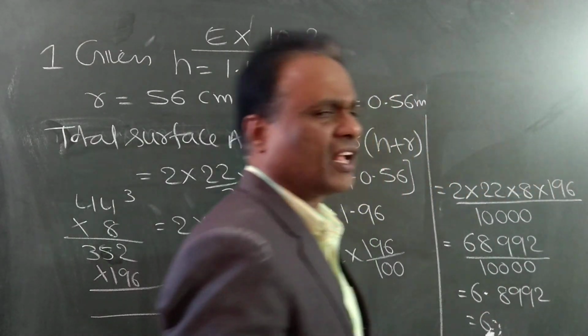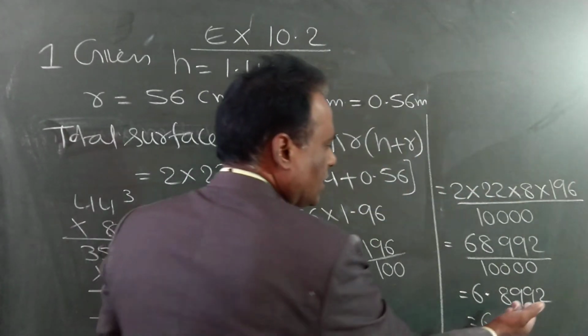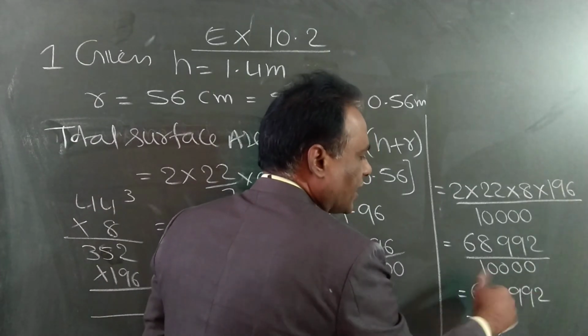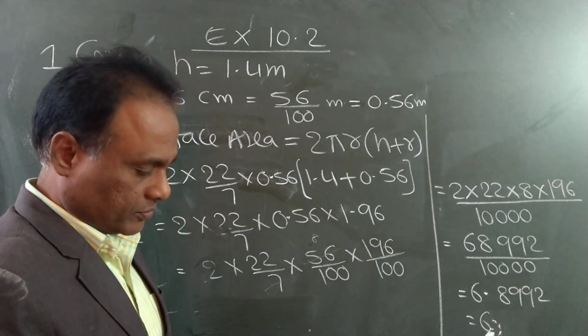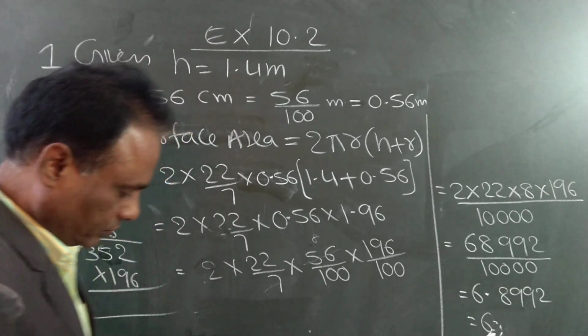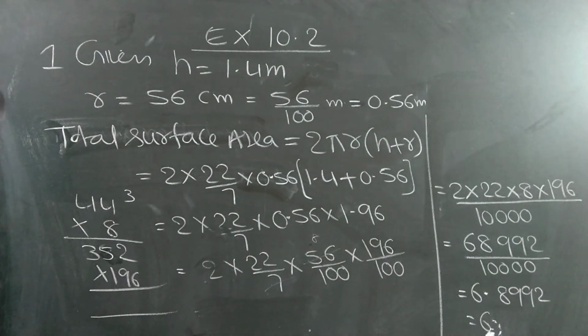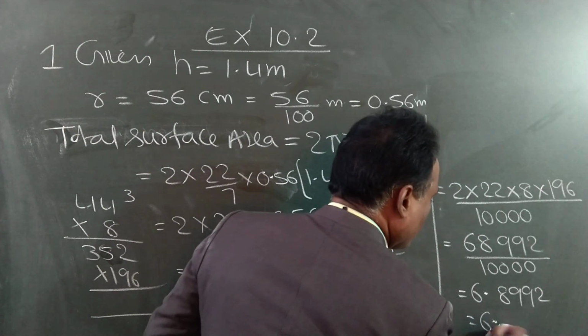If it is 6.9 also, no confusion, because if it is greater, you round off. Write down. Rounding off to the nearest number. It is written as 6.9.